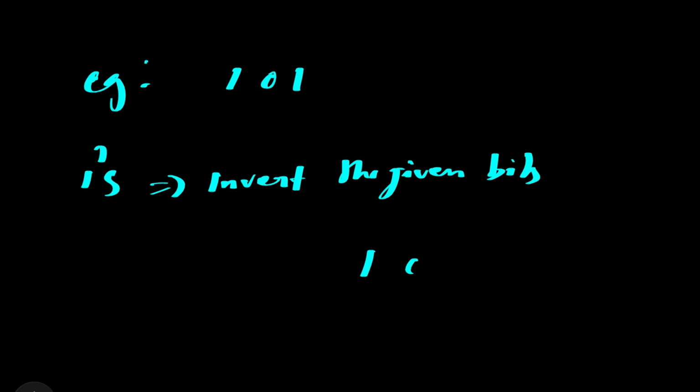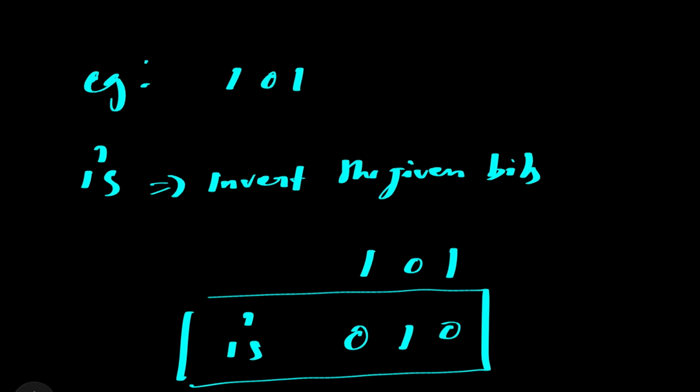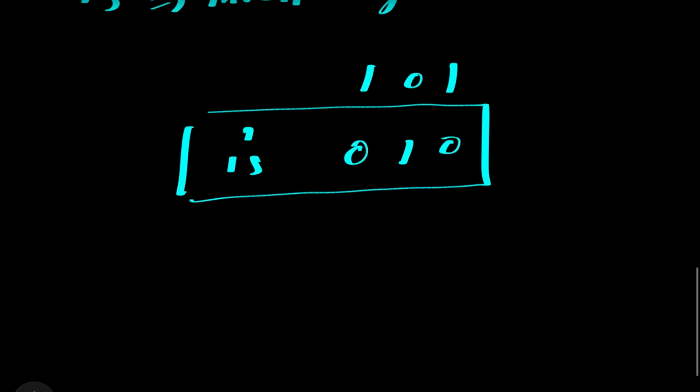Just invert the given bits. So the example is 101. Ones complement is inverting the bits. So 1 will become 0, 0 will become 1, and 1 will become 0. So this is the ones complement representation of 101.